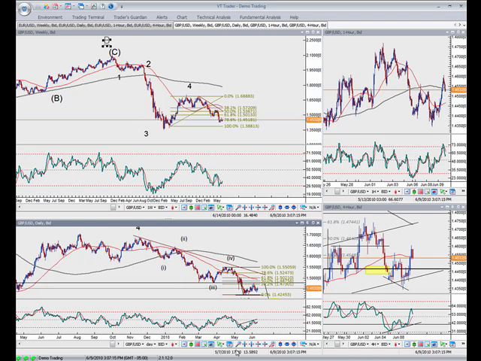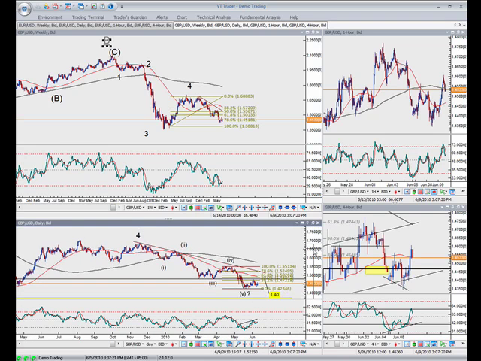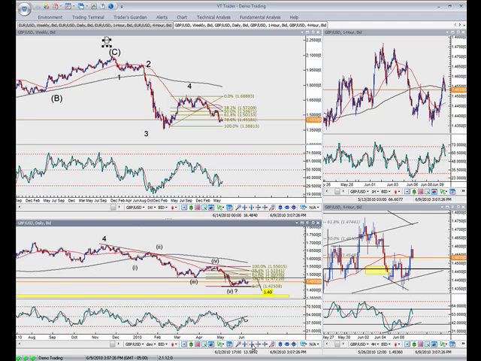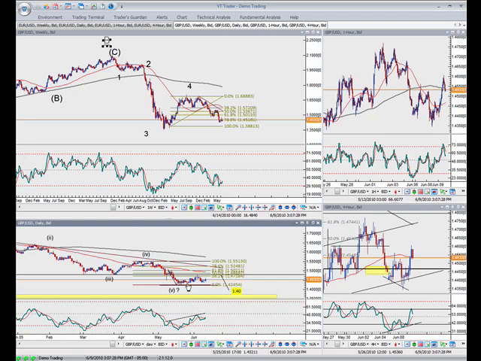Okay, and this fifth wave, 1, 2, 3, 4, 5, is a possible count. So right now you have this negative reversal, suggesting a decline to 1.40 in the daily, but this support is still respected at the moment.